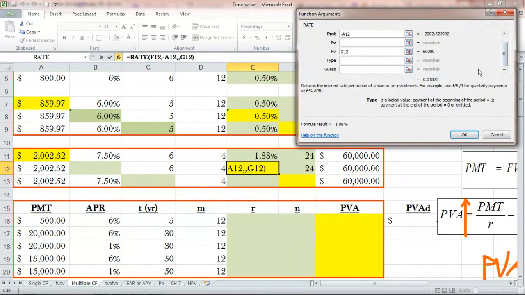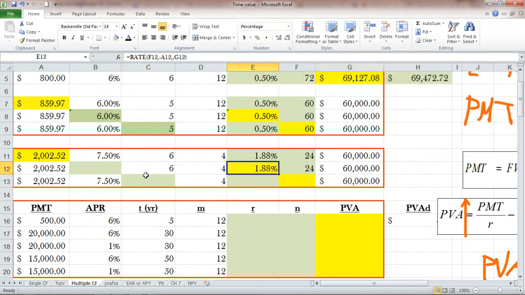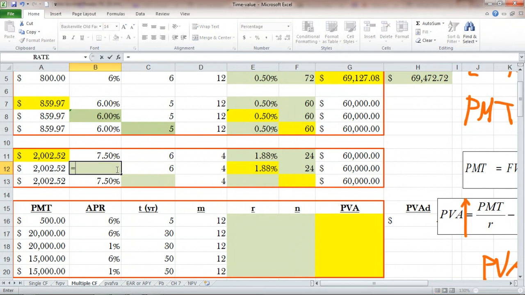And ordinary annuity assumed, we got the result, right? And then multiply that by 4, and we get the annual rate. And there you go. Okay.